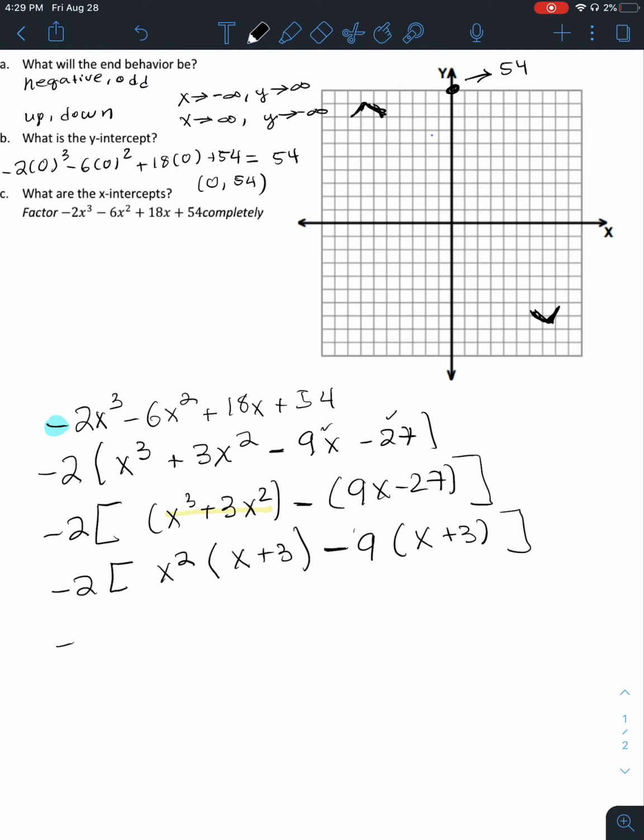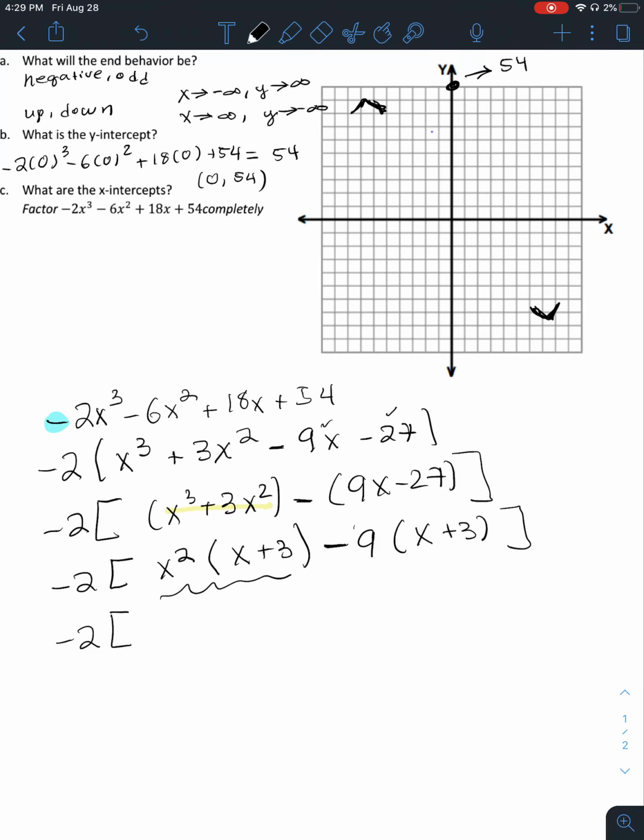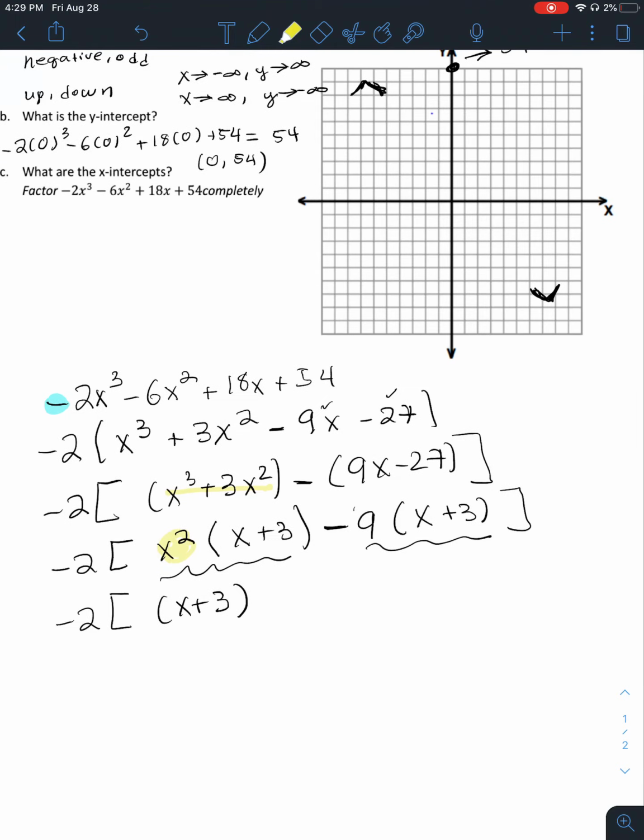From this step, I'll leave -2 alone again, and I will factor out what these two have in common, which is an x plus 3, and then copy what's left over, which is x squared minus 9. And if you do this math, this will take you back to this. And that's the beautiful thing about what we're doing here. We're not really actually changing the values here. We're just writing it in a different way.